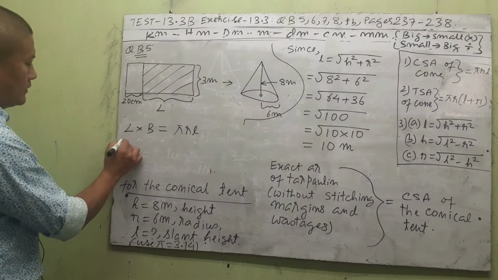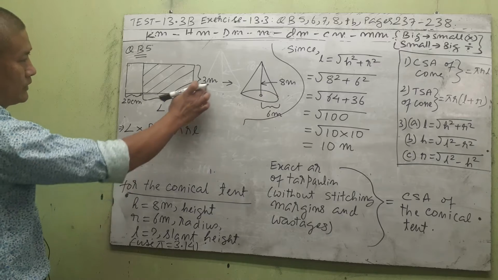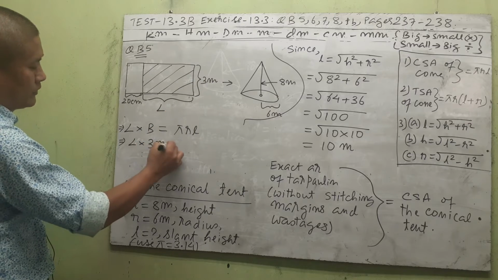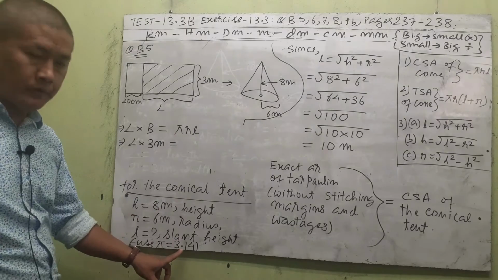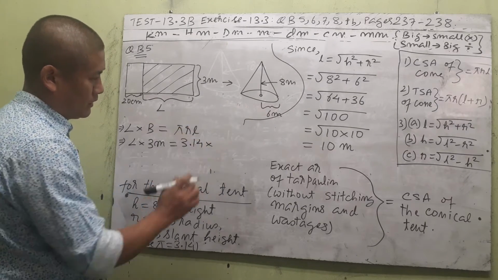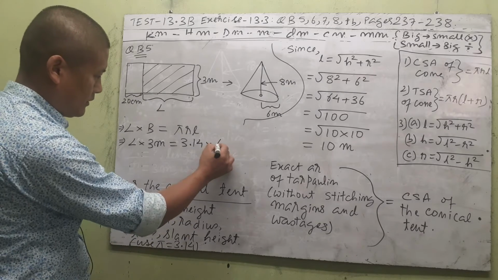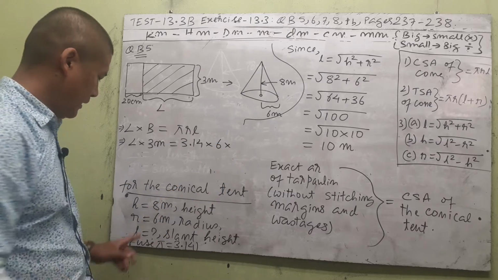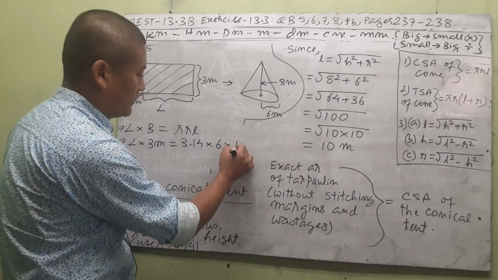So that implies L is, we don't know, and the width of the exact tarpaulin required is 3 meters. In pi we're supposed to use 3.14, so 3.14 into r, radius is here, 6, into L. We got it here 10, so we write here 10.